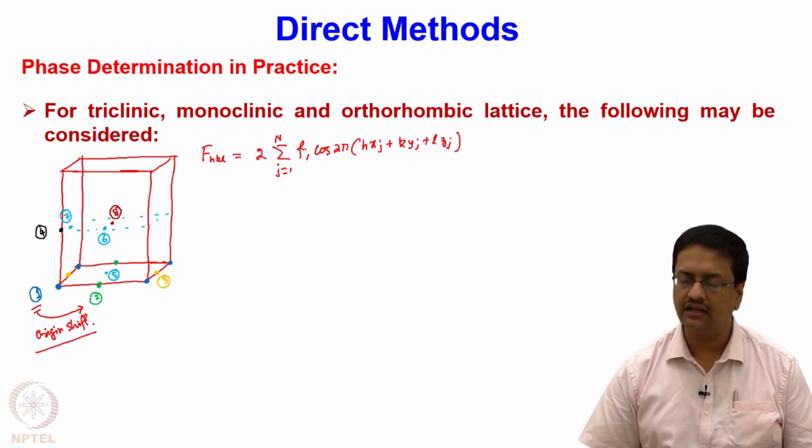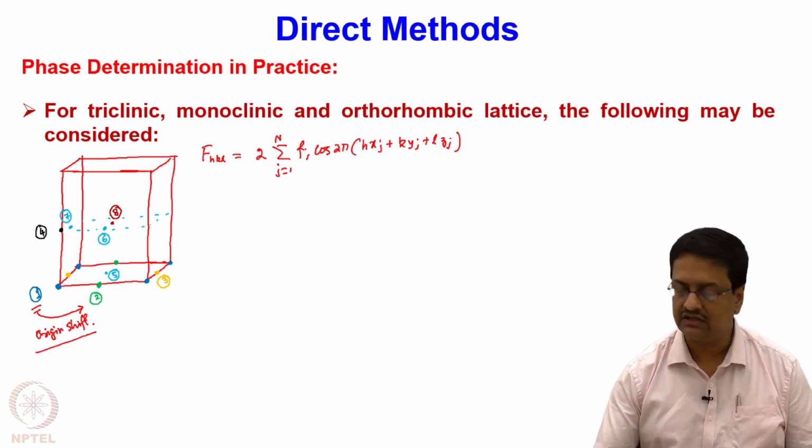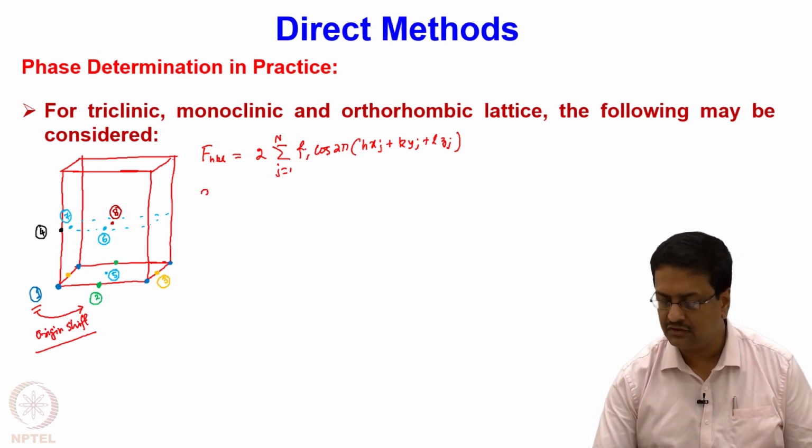So if we do such kind of origin shift, what should happen is the value of x, which was with respect to origin 1, should become x minus half with respect to origin 2.